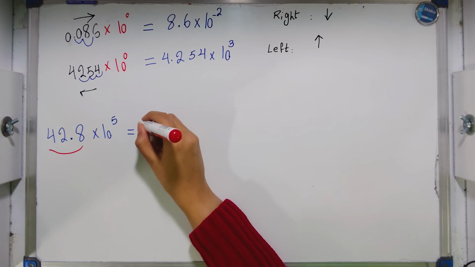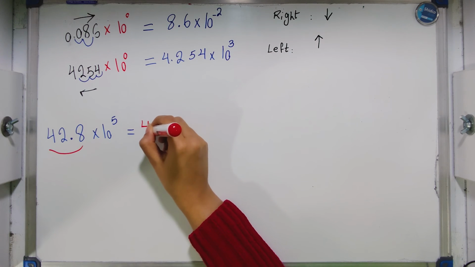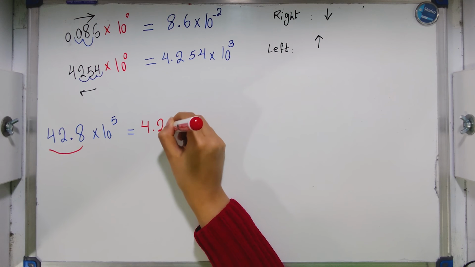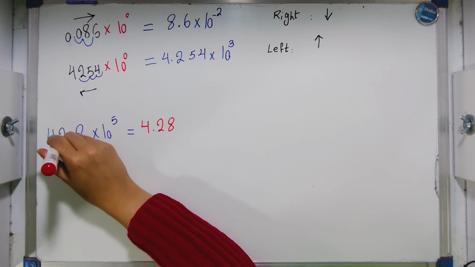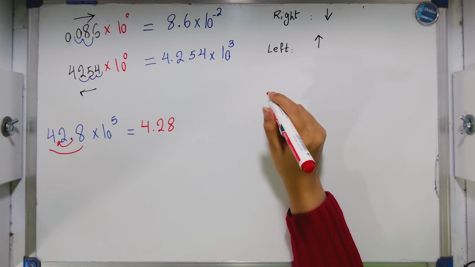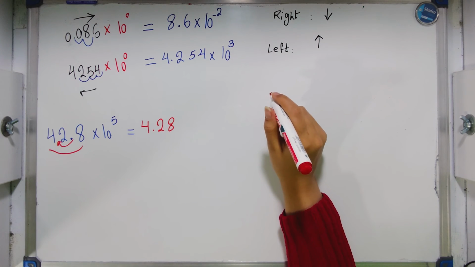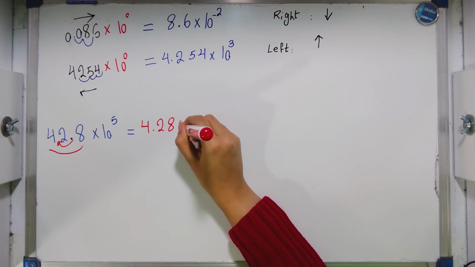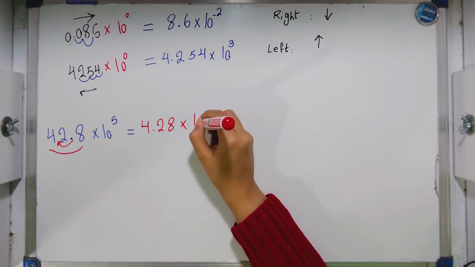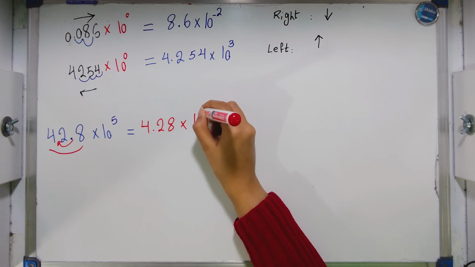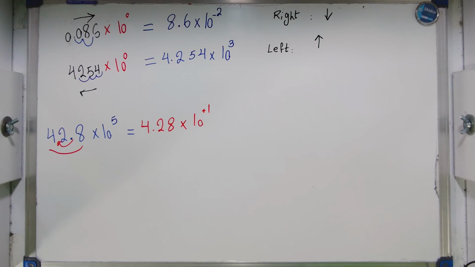So it will be 4.28. Okay? I moved this toward the left by 1 digit. And I have to increase the power of 10 by positive 1.